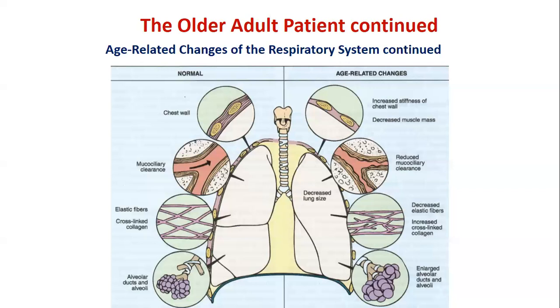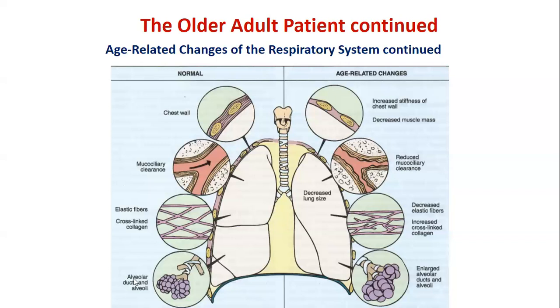Thoracic vertebral height loss, and also a deformity we call kyphosis, develops. So when these changes occur, what are the effects? Decreased chest wall compliance, higher residual volume, higher FRC, lower vital capacity, and unchanged total lung capacity.